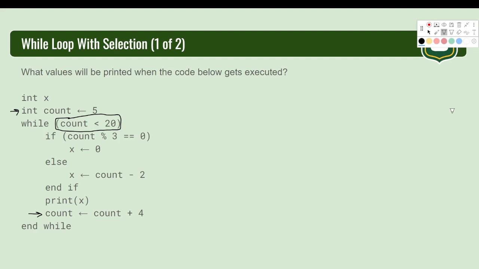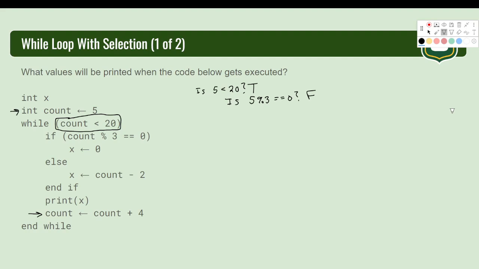All right, so here count is set to 5. Okay, so is 5 less than 20? And that is true. Okay, so iteration 1, we have a true condition. We go into the loop. I'm going to indent this because this is that if-else part. Okay, is 5 mod 3 equal to 0? So 3 goes into 5 once with a remainder of 2. 2 is not equal to 0, so this is false.